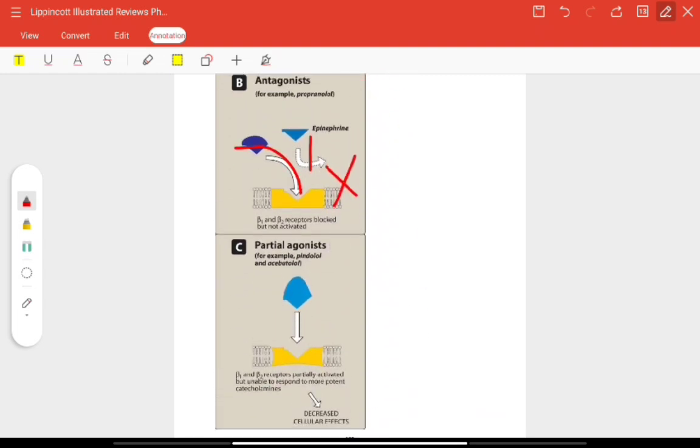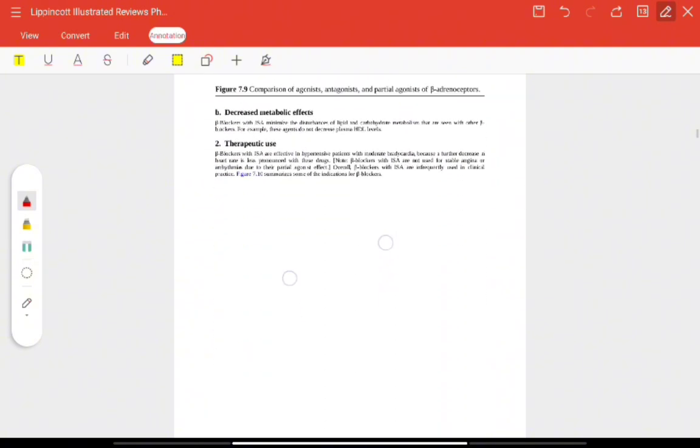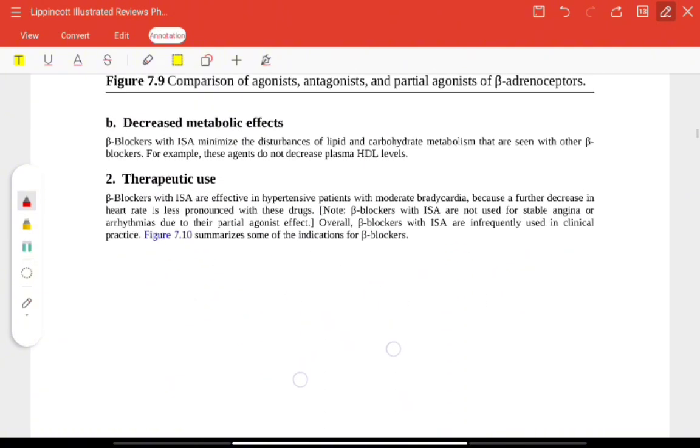Partial agonist means beta 1 and beta 2 will be partially activated and will be unable to respond to other potent catecholamines, so the effect will be decreased. Decreased metabolic effects. And therapeutic uses: they are effective in hypertensive patients with moderate bradycardia.